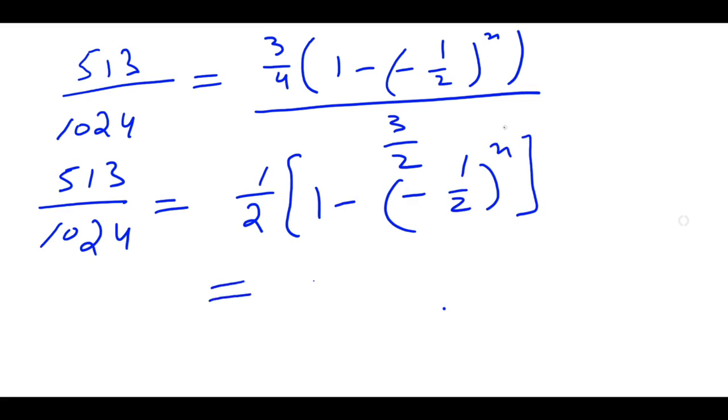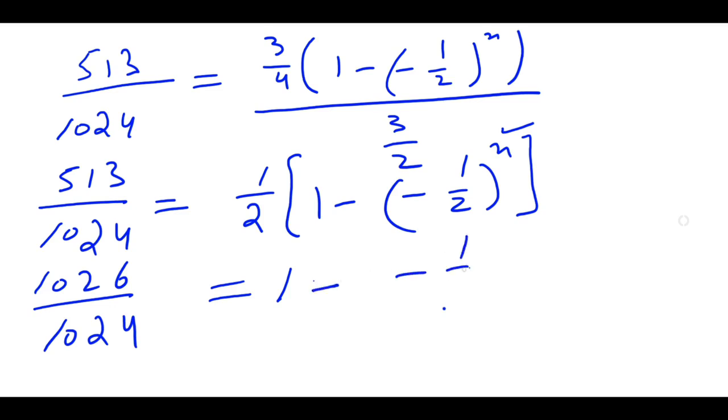Now our subject of the formula is n. So the 1/2 switches over to this side; this is a division, it becomes multiplication. 513 multiplied by 2 gives me 1026 over 1024. And this side we got 1 minus (-1/2)^n. From here I'm going to show you a couple of ways how to solve the equation algebraically.